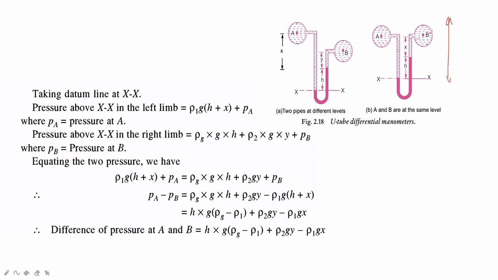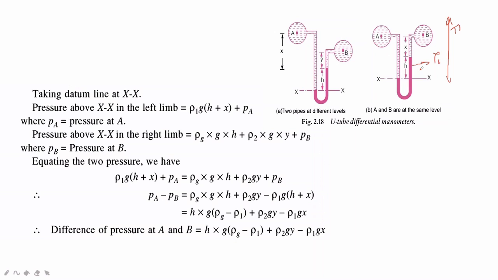So tell me, first the pressure will be what? PB. So PB is sure. Next, after PB, what comes? This liquid has come up to here. So what is the depth of that liquid? It is x. So rho g, not rho g, it is rho 1 g x, correct, plus this mercury heavy liquid. What is that?